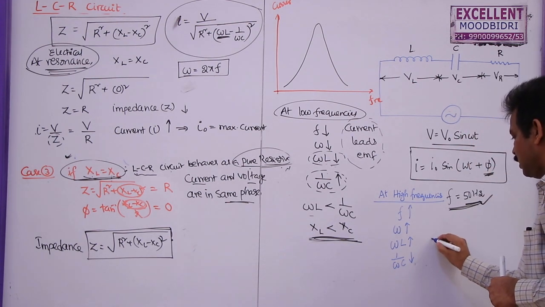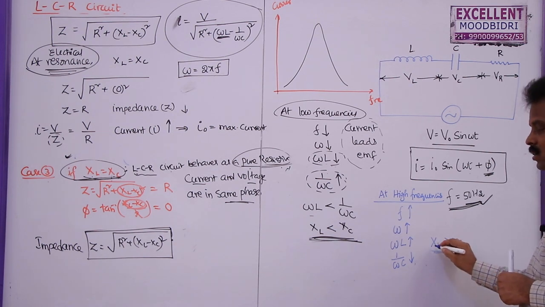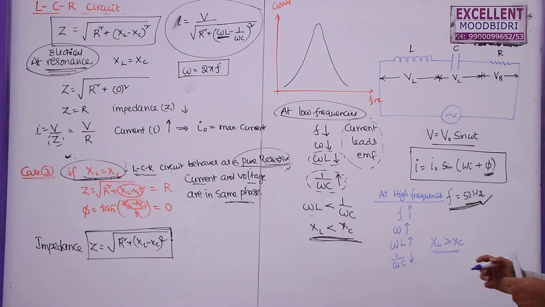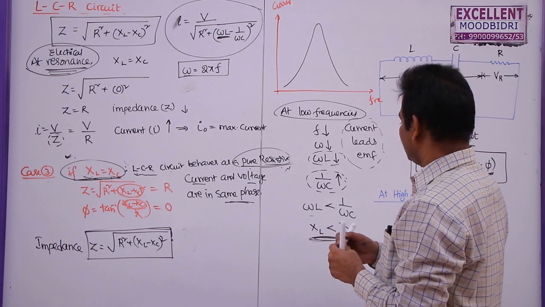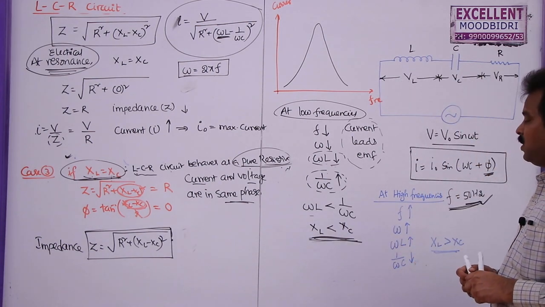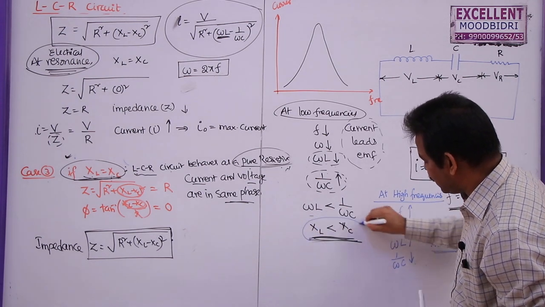So from this we can write XL greater than XC. So the inductive reactance dominates the capacitive reactance. So the current lags behind the EMF. So current decreases.